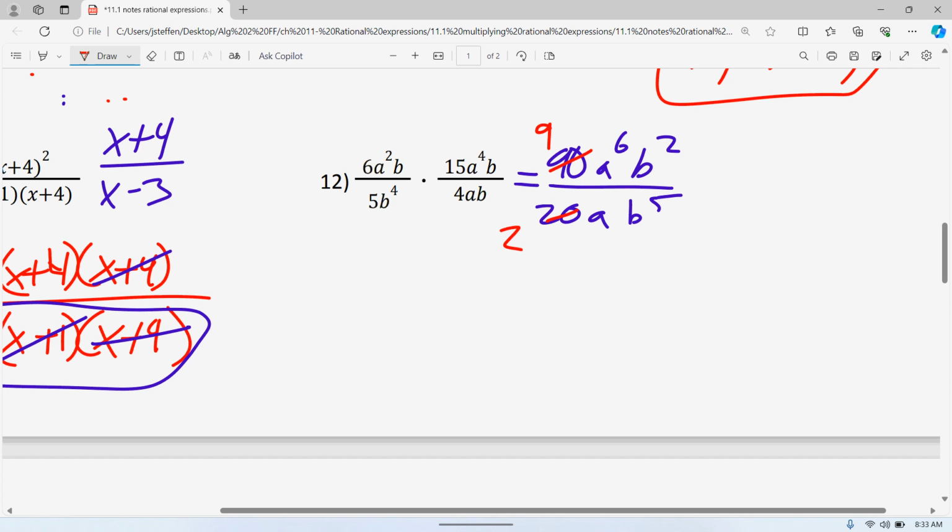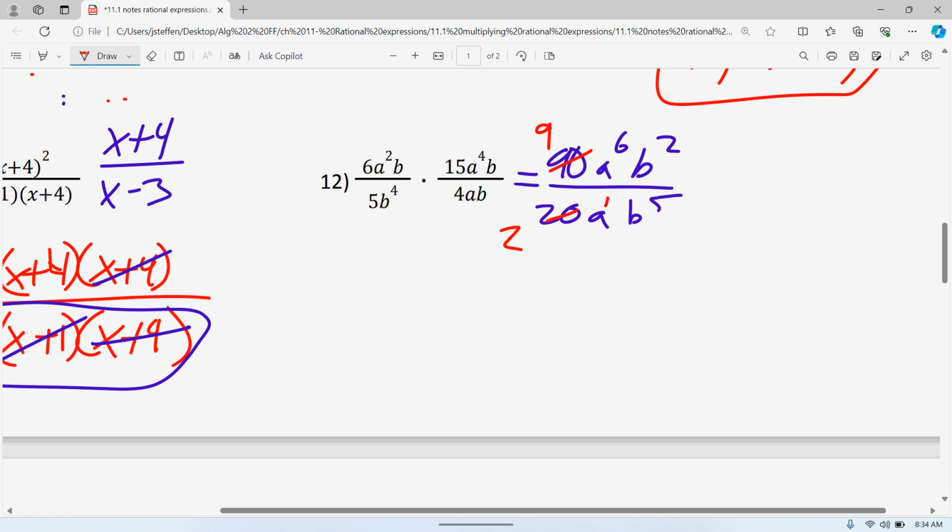Now, when it comes to the exponents in your fractions, technically what you do is subtract them. The way I do it is I subtract them, but there shouldn't be a negative exponent. So whatever your answer ends up being, you leave it as positive and you put it wherever the bigger number is. So for instance, a to the 6th over a to the 1st. 6 minus 1 is 5.